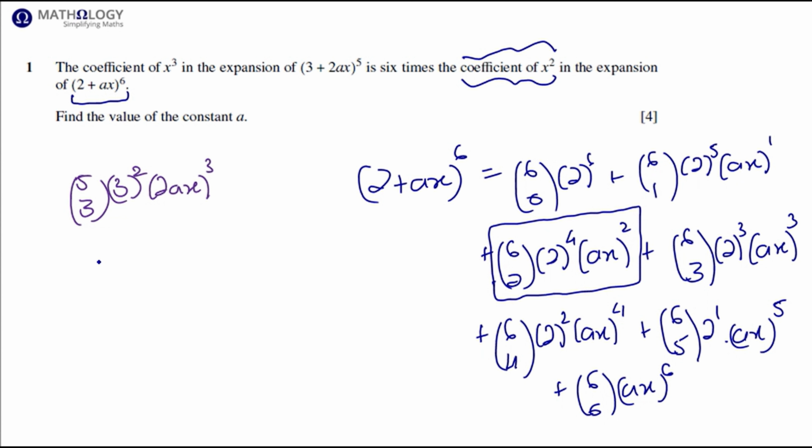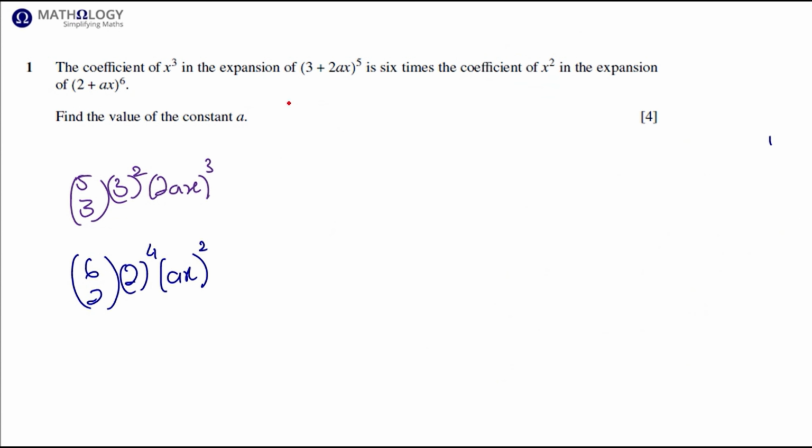So we are only concerned with this term and that term from the first expansion. They tell us that the coefficient of x cubed in the first expansion is 6 times the coefficient of x squared in this expansion. So we now just need to evaluate these coefficients.